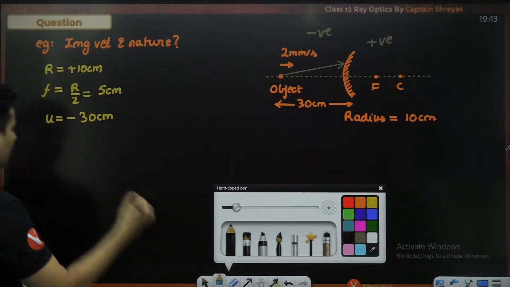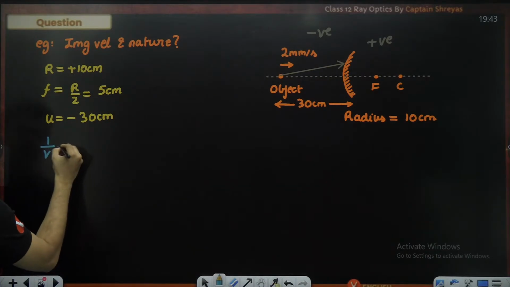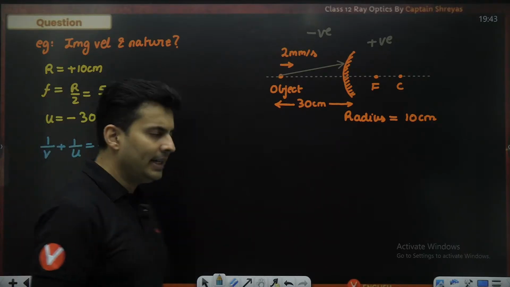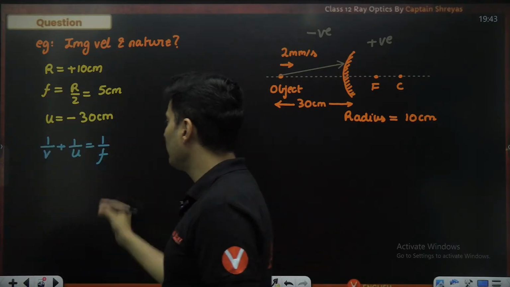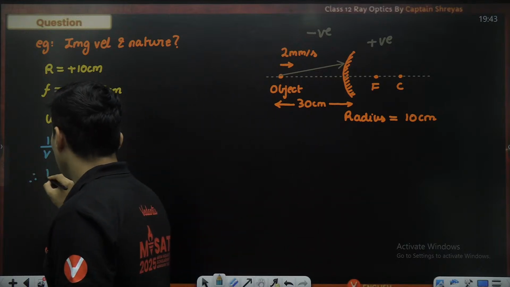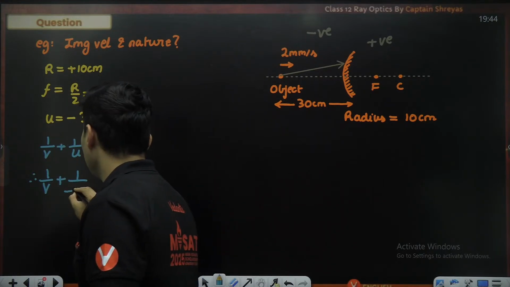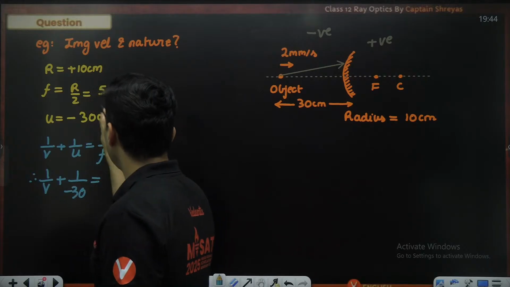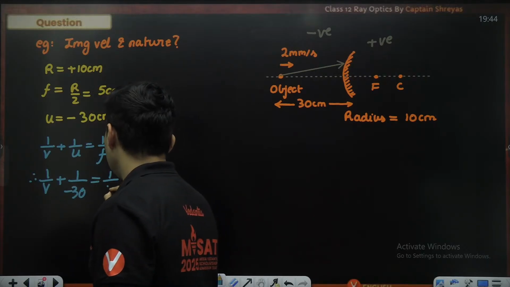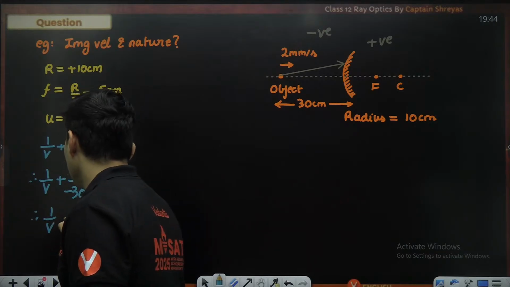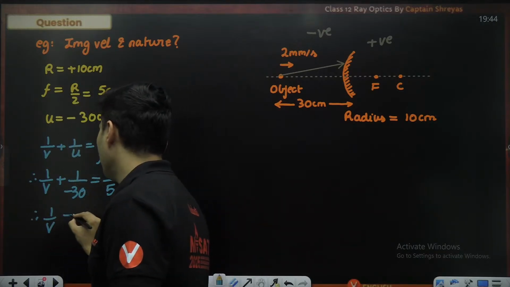Starting off with mirror formula. So 1 by v plus 1 by u is 1 by f. Is that right? So therefore, 1 by v plus object distance minus 30 is equal to 1 by f. f is nothing but 5 centimeters. Okay, perfect. So therefore, 1 by v, minus 30 on the other side will become plus 30.